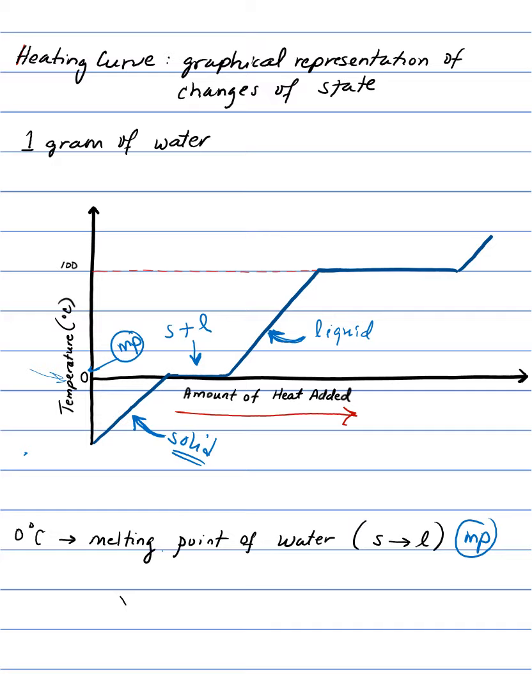So when heat is being added in that liquid state, the temperature keeps increasing, increasing, increasing until you reach another part of your graph where you have a flat line, which is that part right there.